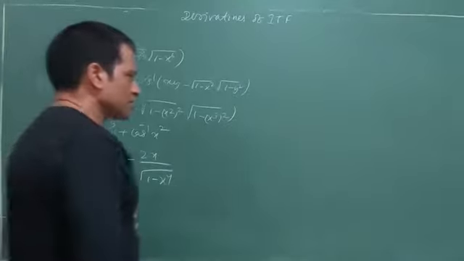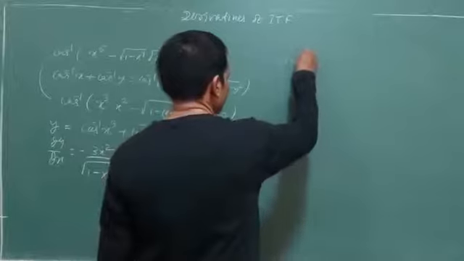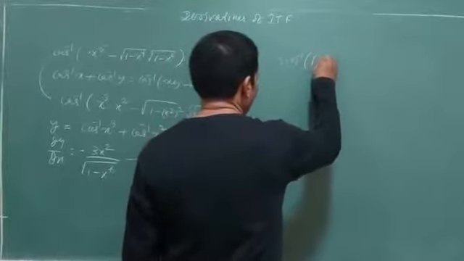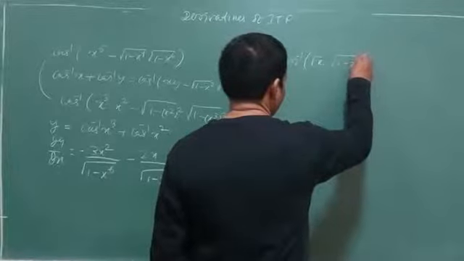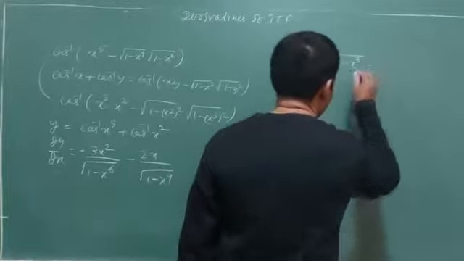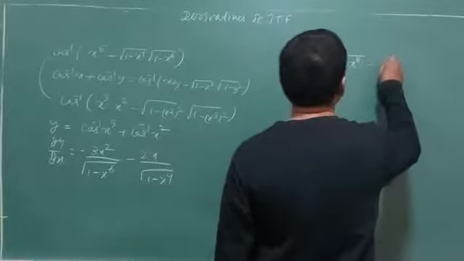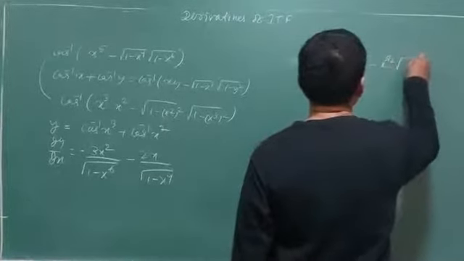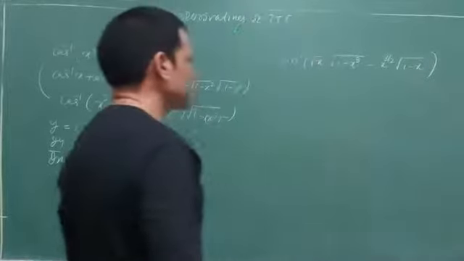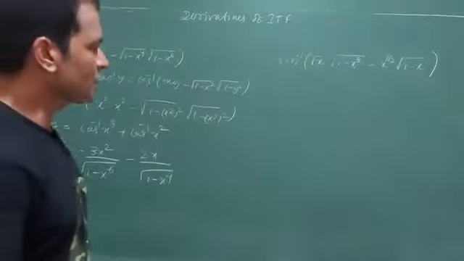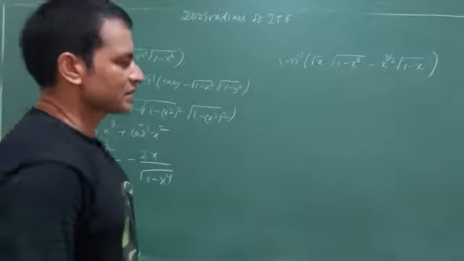So if I get another question, look at the question. Sin inverse of (root x times root of 1 minus x cube, minus x to the power 3 by 2 times root of 1 minus x).